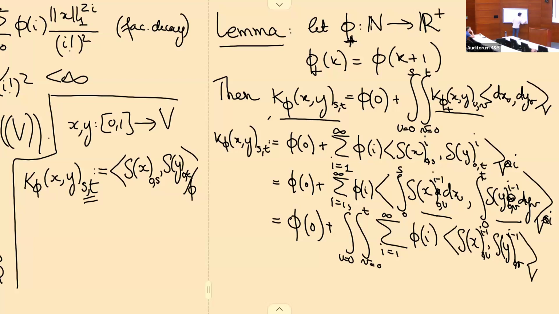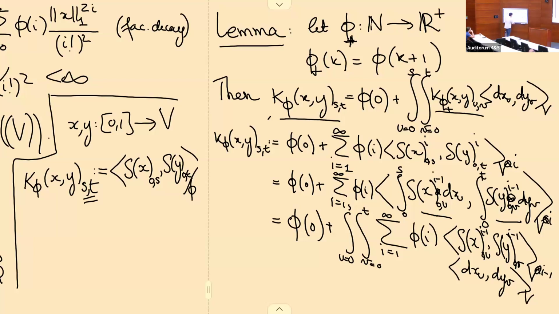This is the inner product in V tensor i minus 1, the one before. And then I multiply this by the inner product of the individual increments, so this is dxu, dyv in V. So what I've done in this step is an algebraic computation that splits the inner product of two products as a product of inner products.